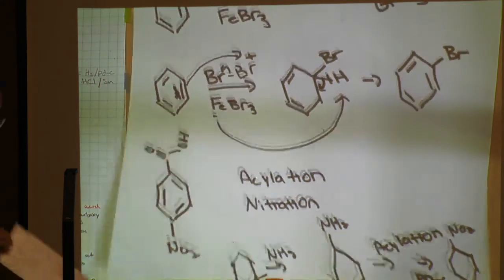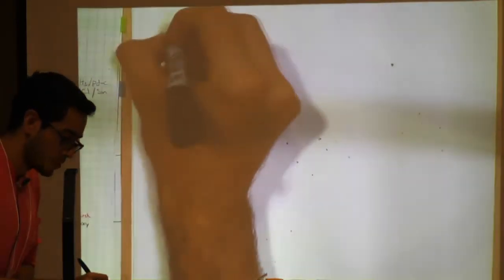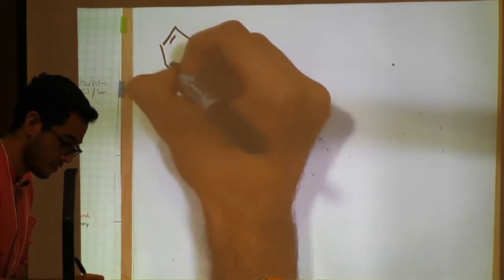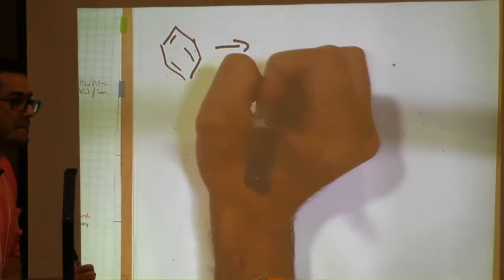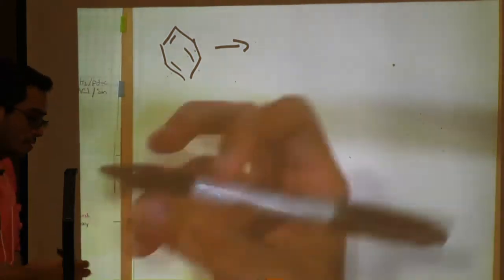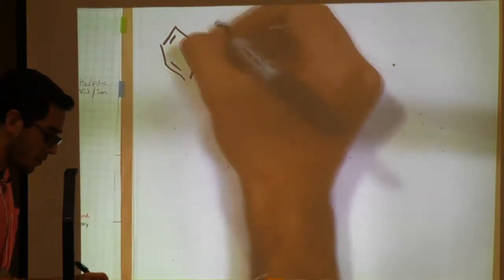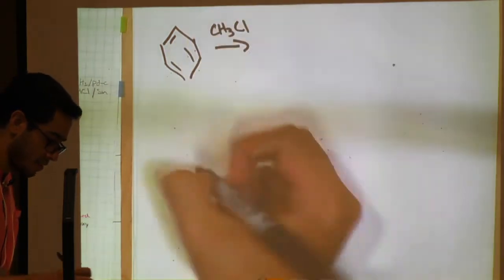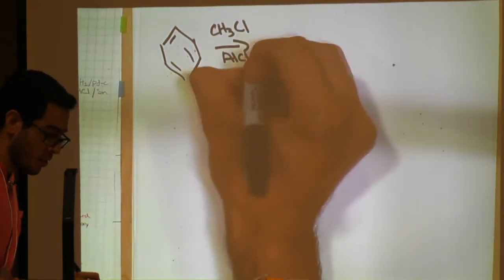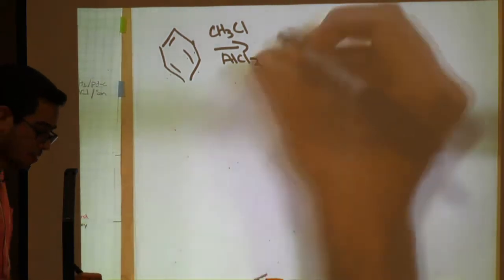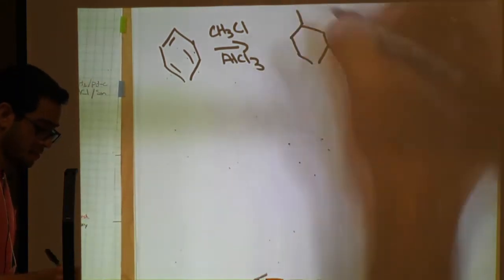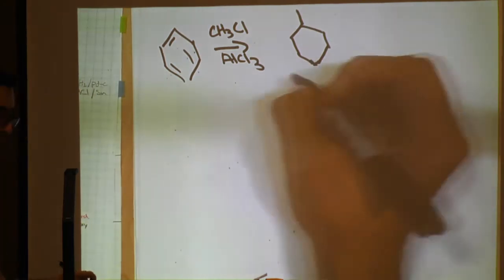So for those of you who want to see that, essentially, all we do is take our ring. Yeah, PDC. But so yeah. And then we can add CH3Cl with AlCl3, which is just the alkylation, and just add our methyl here, our CH3.